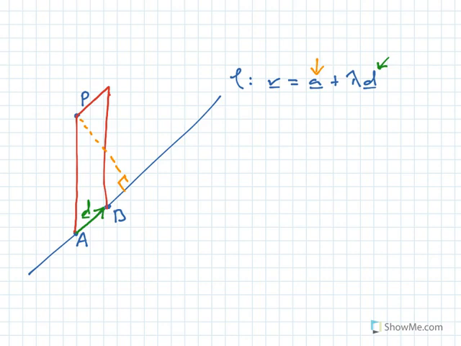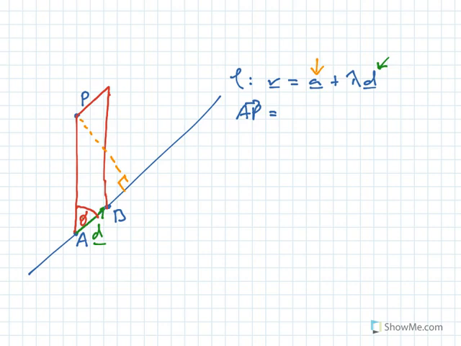So, let's do some work then. We've got the vector d. I'm just going to move that d for a second, and I could write in an angle theta. Then the other vector is AP, the vector from A to P. How do I get from A to P?